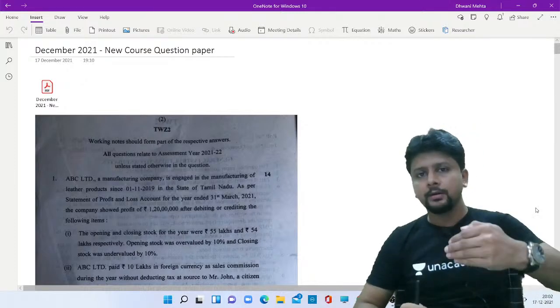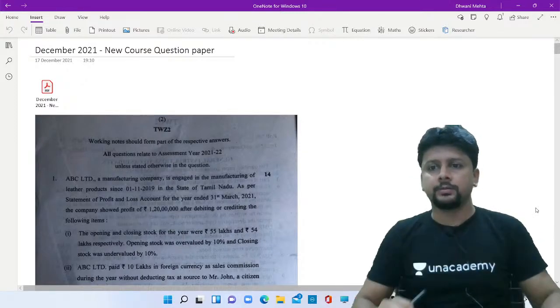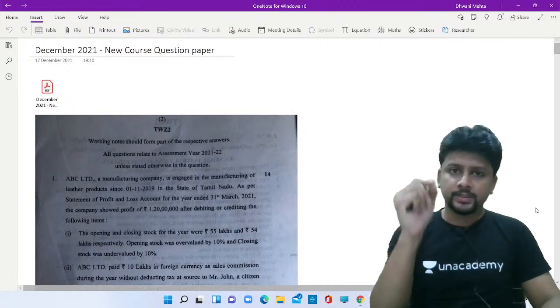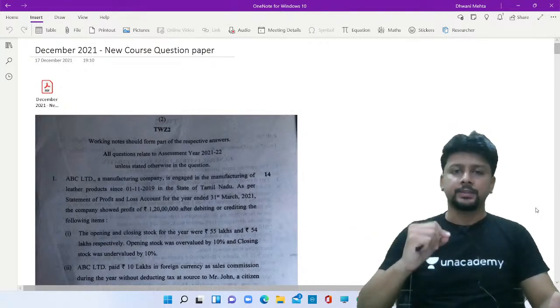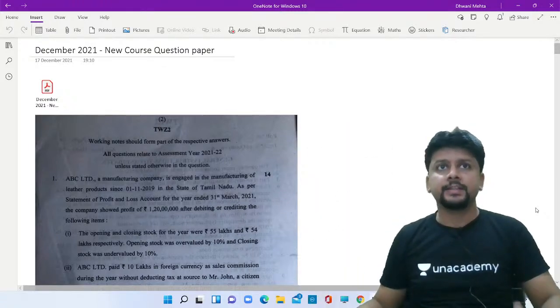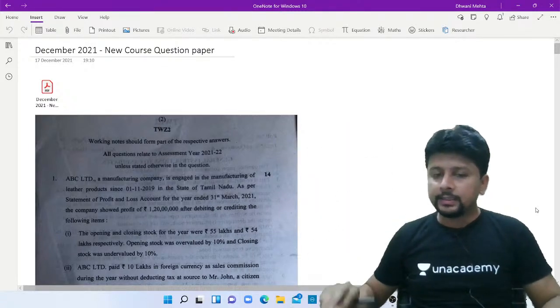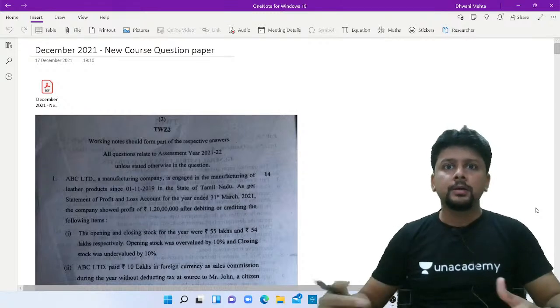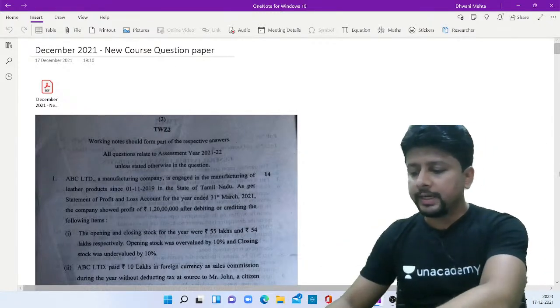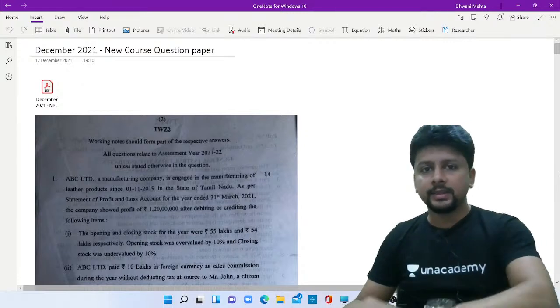Question three had two parts only, so question three was a short question. Question two, question four, question five, each had three subparts. Question number six had four subparts. So yes, as a student, when you are writing the question paper, you will have to attempt many things, and definitely due to that, the question paper is a lengthy paper.